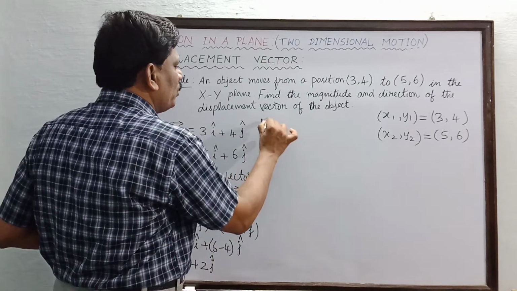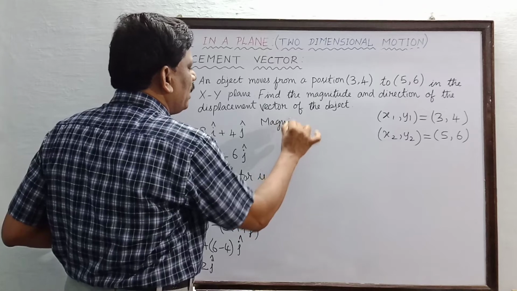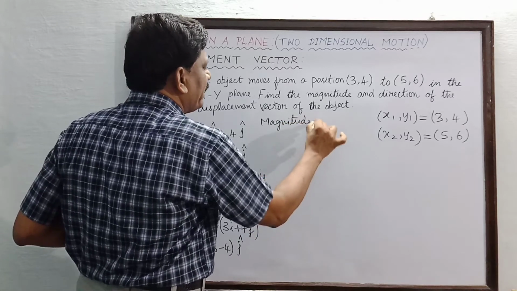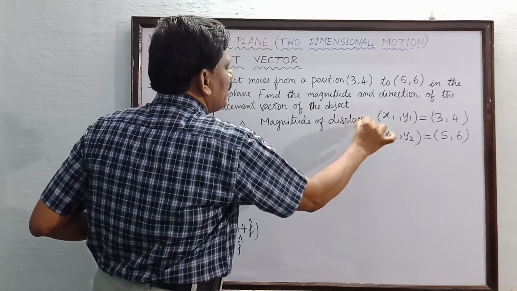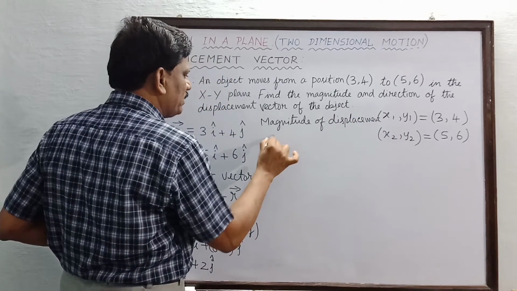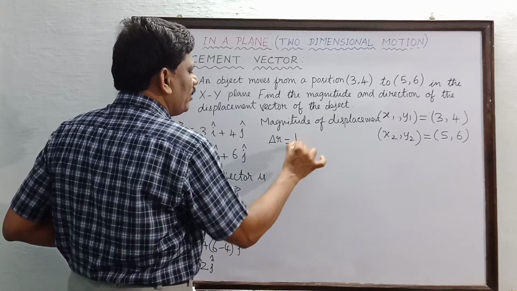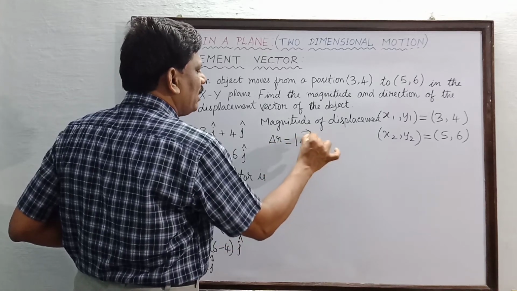Now the magnitude of the displacement vector, that is the modulus. So delta r is equal to the modulus of delta r vector.